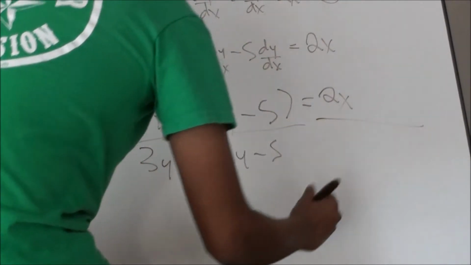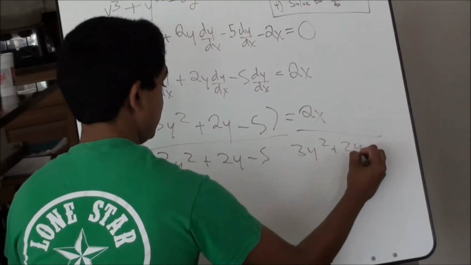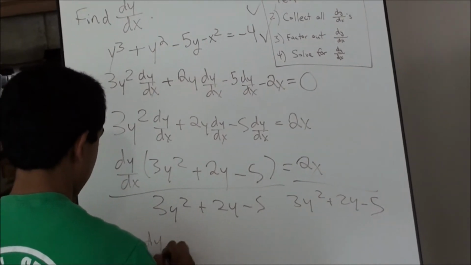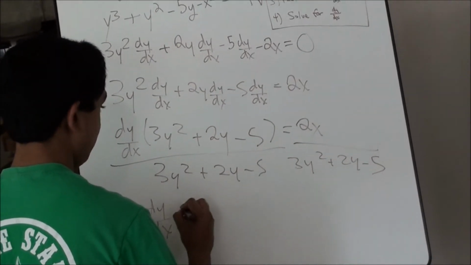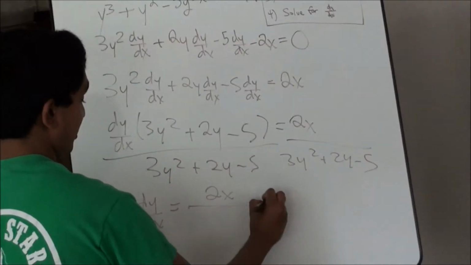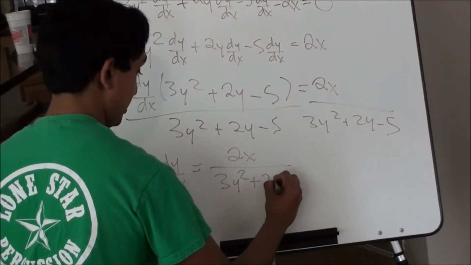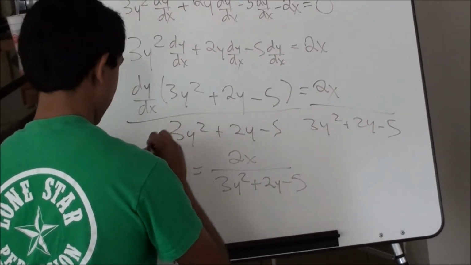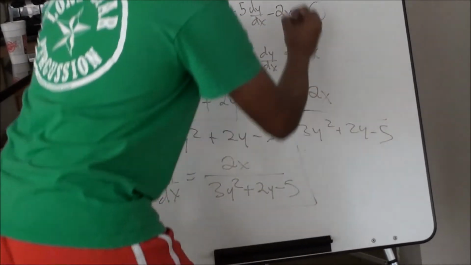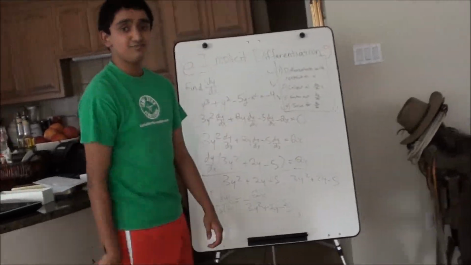We do the same on the other side because you've got to do the same on both sides, which gets us to our grand answer of dy/dx equals 2x, which was on the other side, divided by 3y squared plus 2y minus 5. And that is our answer, and we solved for dy/dx. There you have it. Implicit differentiation part 1.